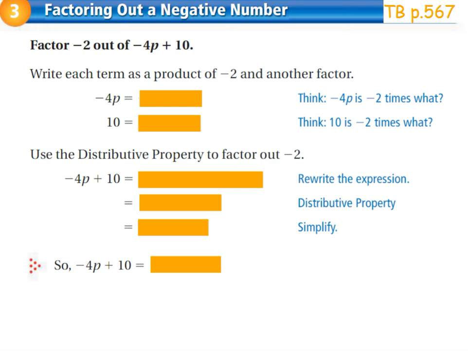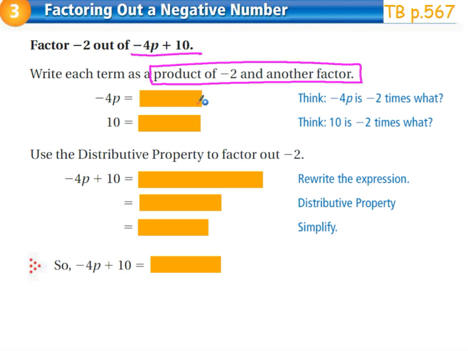One more example. On this one, we are not going to have a rational number, but instead work with negatives and integers. So it says factor -2 out of -4p plus 10. So once again, I need to think about what times -2 will get me back to the original problem.